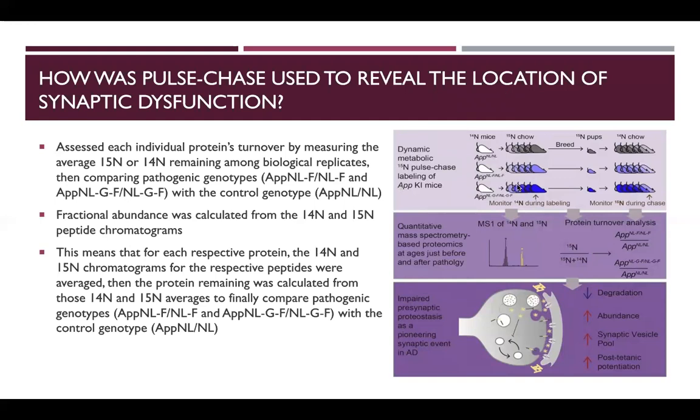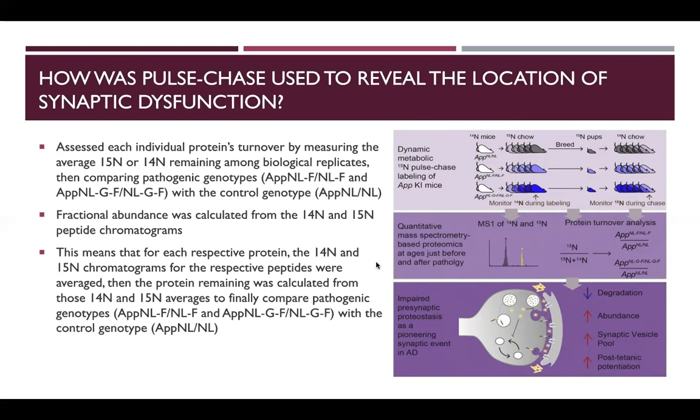When they breed, they went through the F0 and F1 generations, and eventually they took tissue samples from each of their brains, comparing the pathogenic genotypes, the APNLF and APNLG, with the control genotype, APNL.